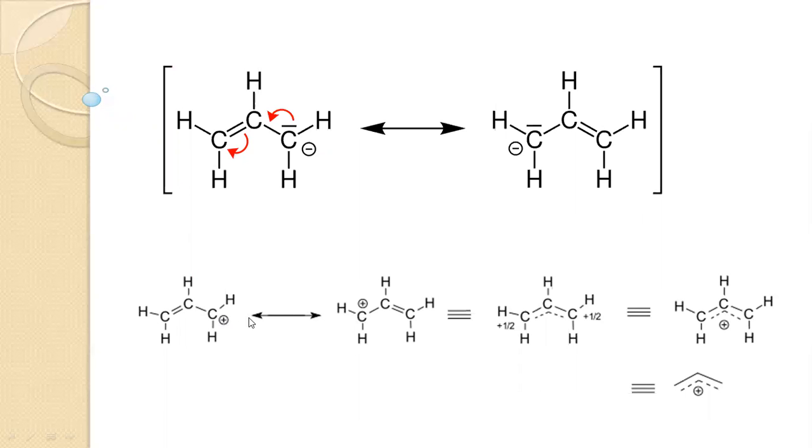So like that, these two are resonance forms of each other. The last one is the resonance hybrid structure, which has positive charge on both carbons. Meaning not only for the negative charge, but for the positive charge also they show resonance structures. So this is the resonance hybrid structure, which is the actual structure for this propenyl ion.